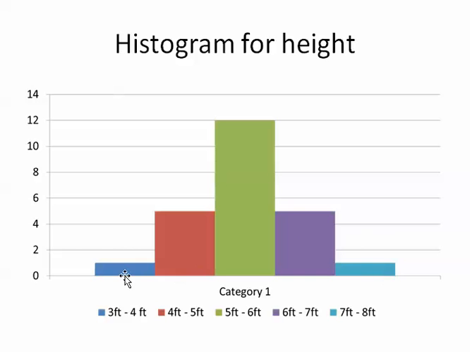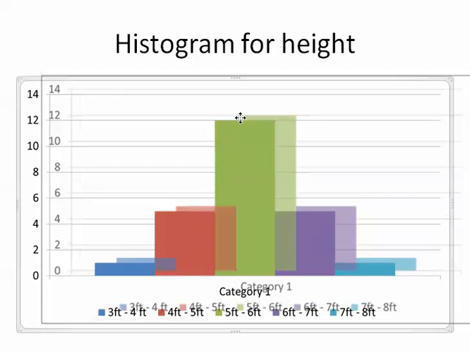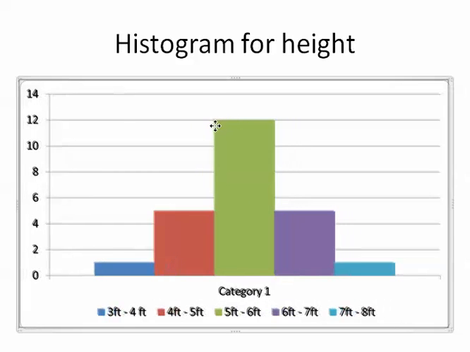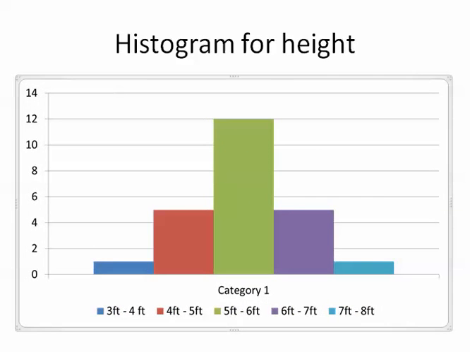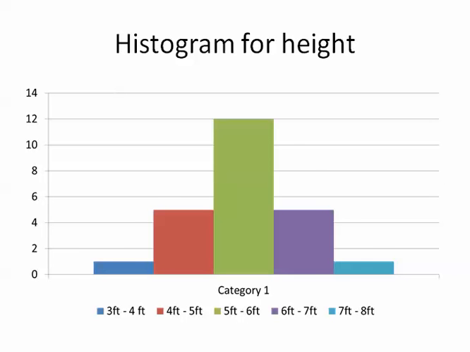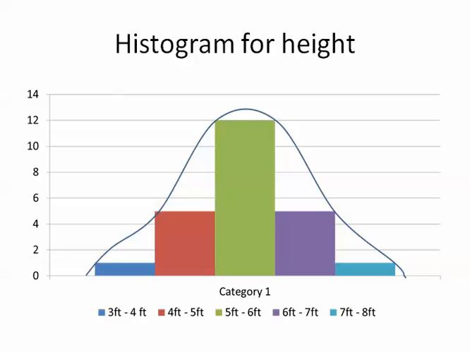We have very few people shorter than 4 feet, and very few people taller than 7 feet. So this normal distribution is actually a pretty realistic type of shape for height. Height would usually follow this type of shape in real life. And this is just outlining the histogram with this bell-shaped curve, this normal distribution.